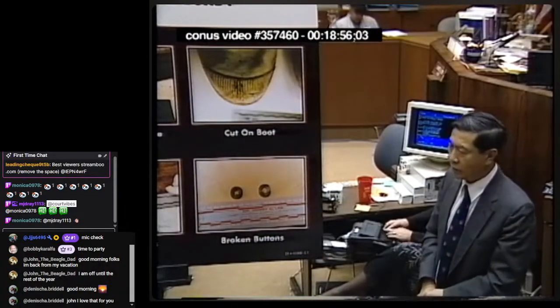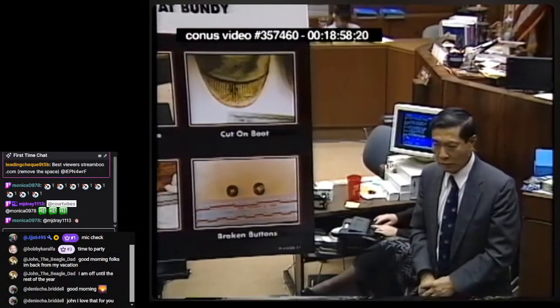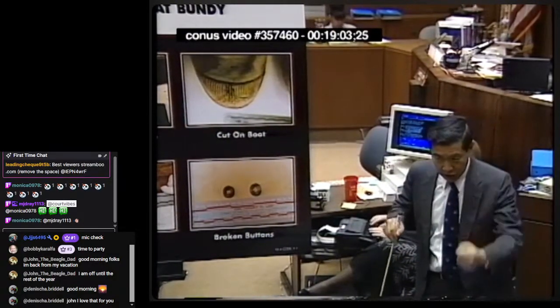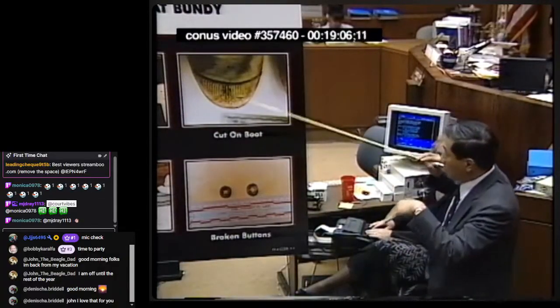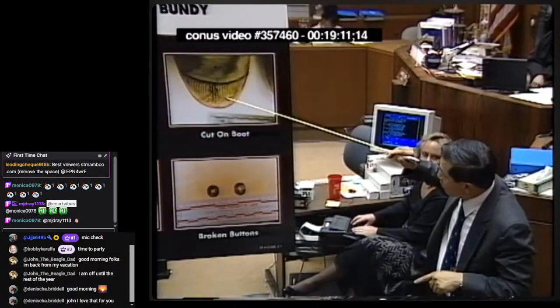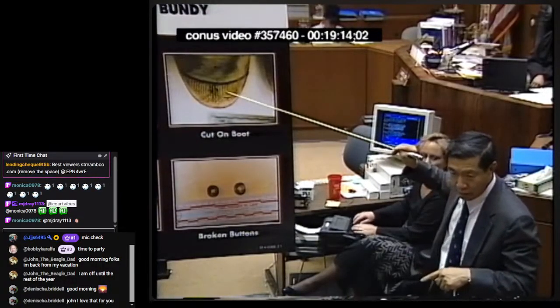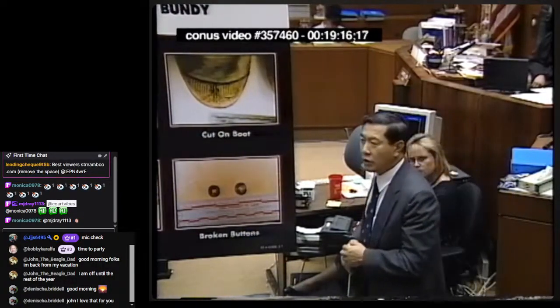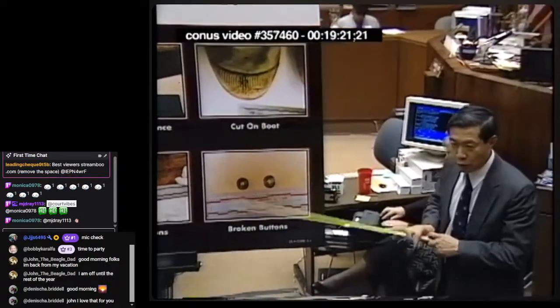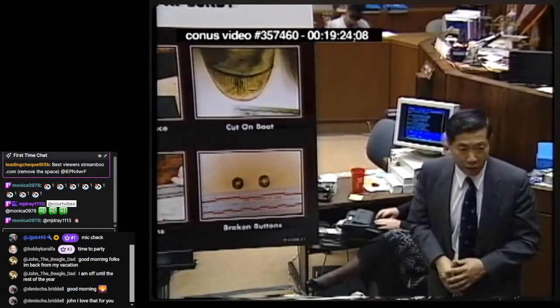Or can you describe how this contact would occur? This cut, which is different than a step, is a surface cut. It indicates a movement. Either the sharp instrument was moved, or this receiving surface was moved, or both surfaces were moving at the same time.